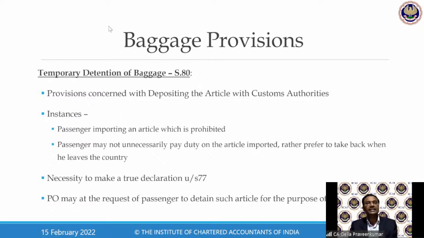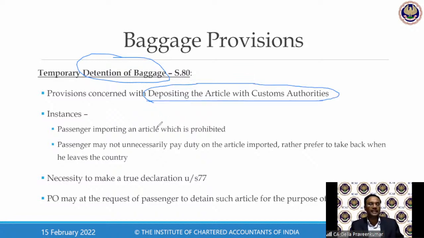Now, this is an important provision where they say there is a temporary detention of baggage, where a person who is traveling to India has a choice to deposit that article with customs authorities.